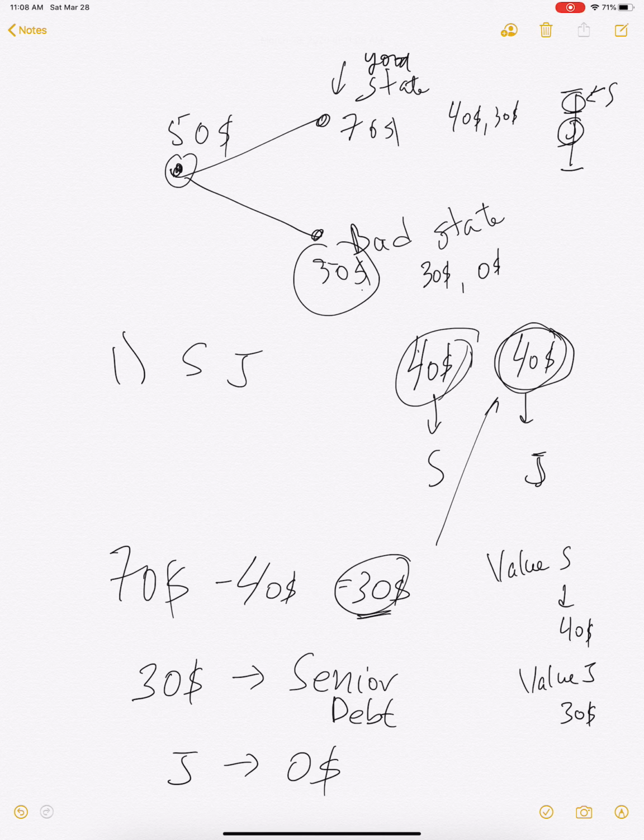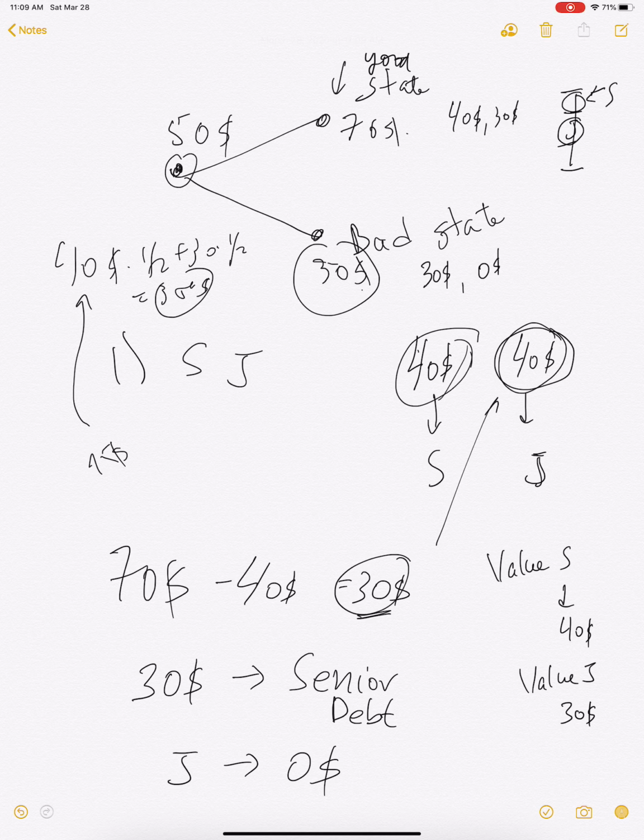So this is going to be $40 times half plus $30 times half for the senior debt, so it's going to be 35 for the senior debt. And for the junior debt, here you have 0 and here you have 30, so it's going to be $15. Okay? So that's how it works.